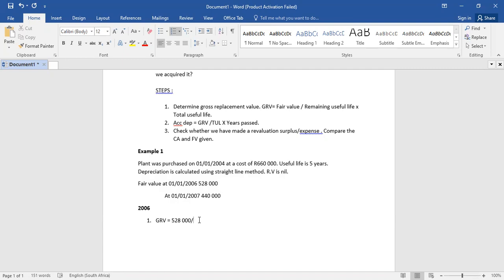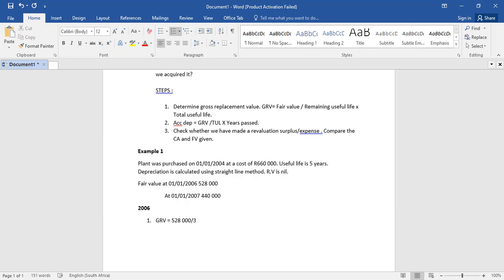Okay. Ngo-2004 sathenga i-assets, kuthiwa leli asset line-useful life ka-5 years. Ngo-2004 besine-remaining useful life egcwele ya-5, ngo-2005 kusele 4, then ngo-2006 sisele no-3 years as in i-remaining useful life.